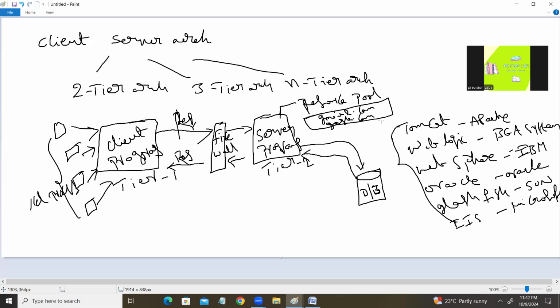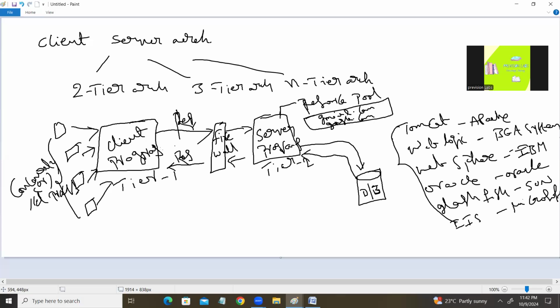By using these, we can develop distributed applications. The main advantage of using server side programs is that they provide concurrency, or parallel processing.